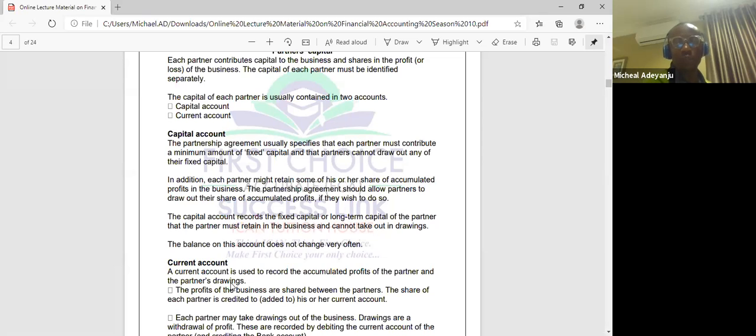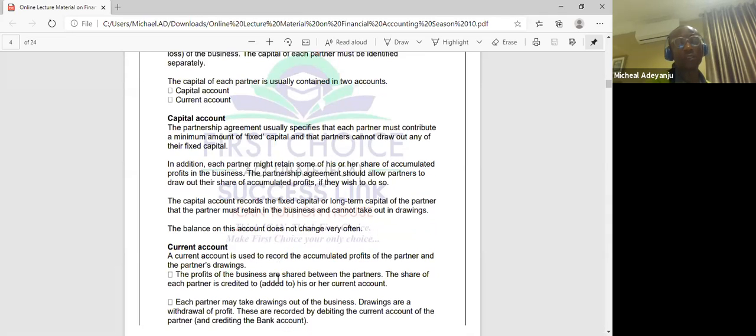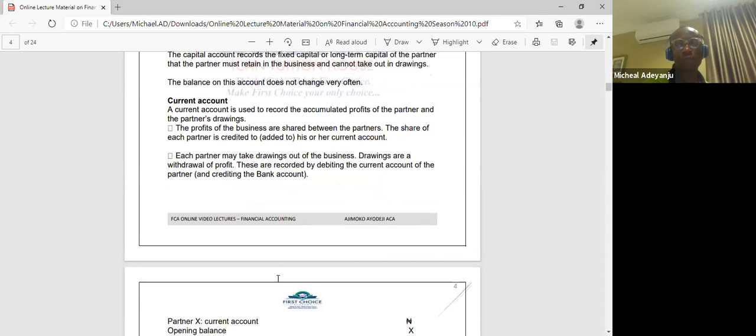On the other hand, the current account is used to accumulate profit. That is where all the profit that has been earned by the business is gathered. This is also where partners can withdraw money for personal use. The current account is used to record the accumulated profit of the partners and the partners' drawings.